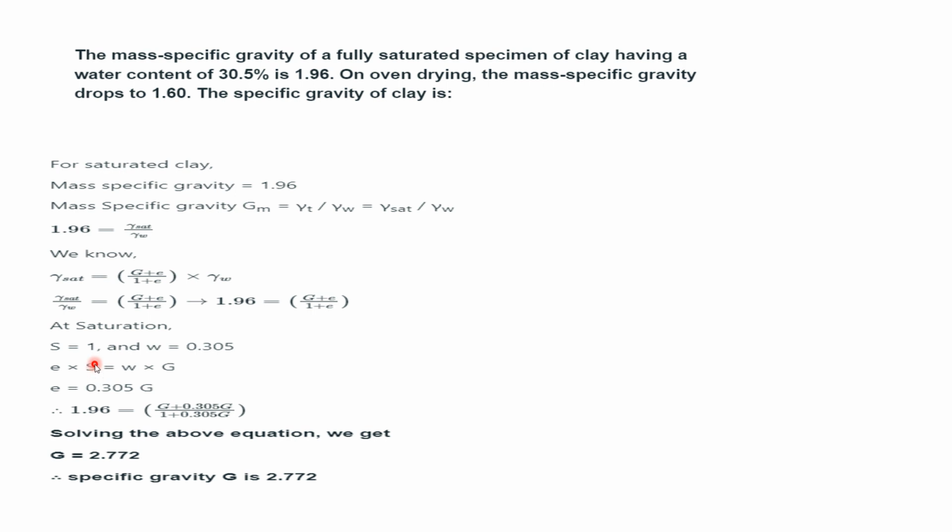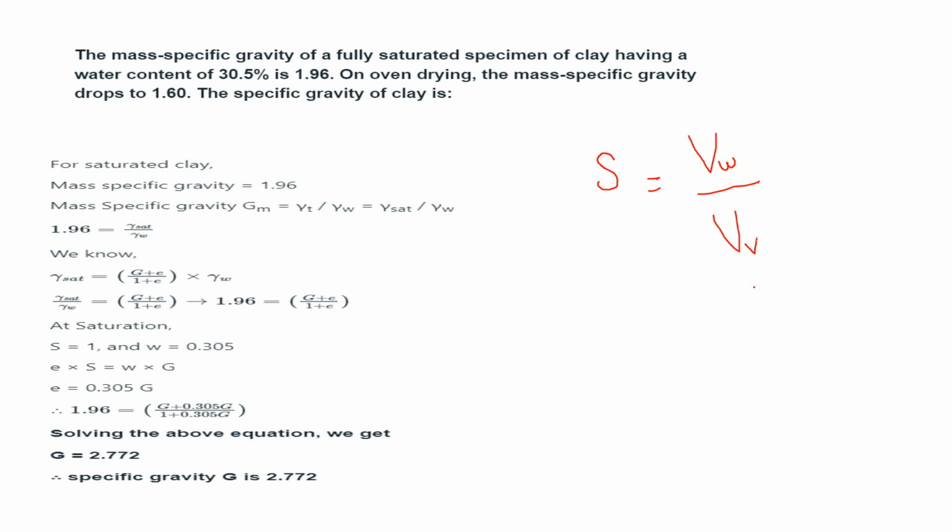Dried soil means, can anyone tell what is S? What could be the value of S for a dried soil? See, degree of saturation is nothing but the volume of water to the volume of voids.